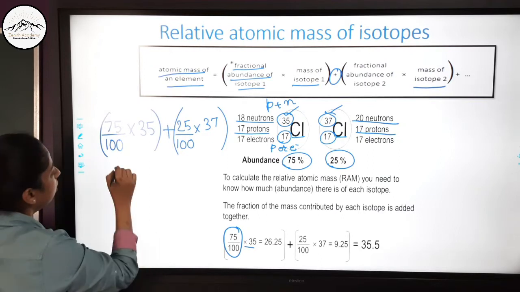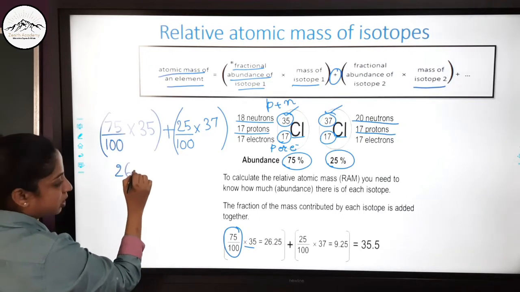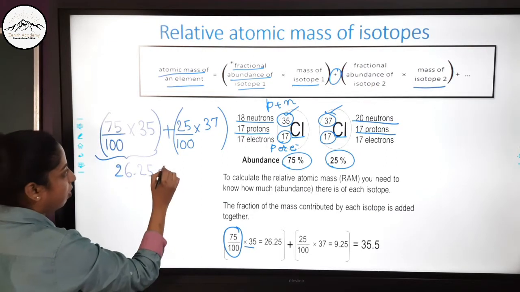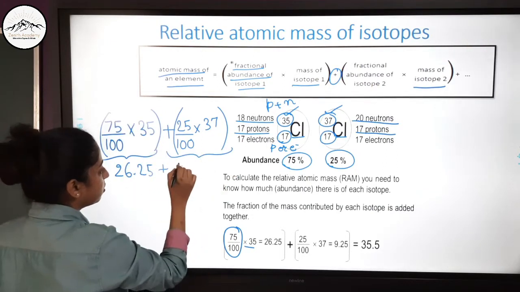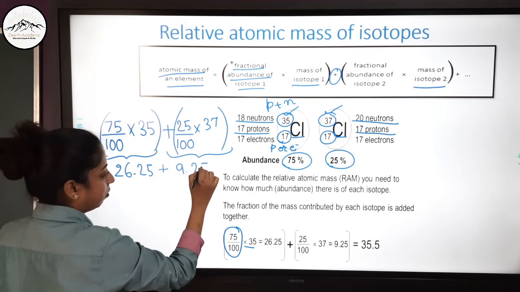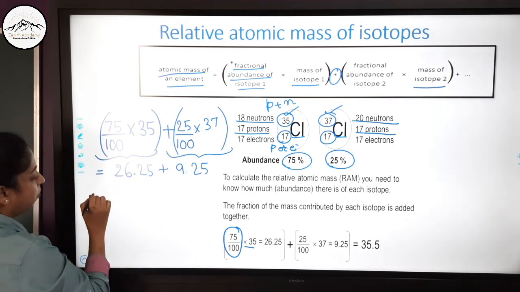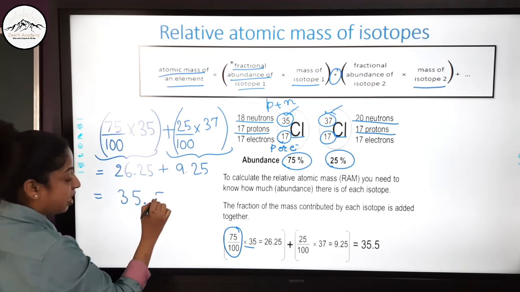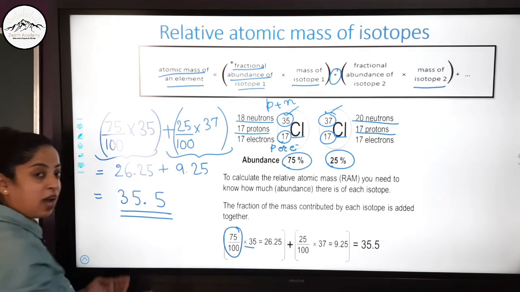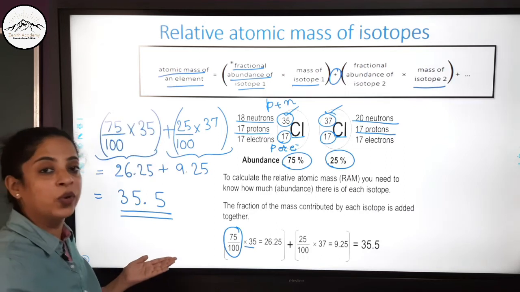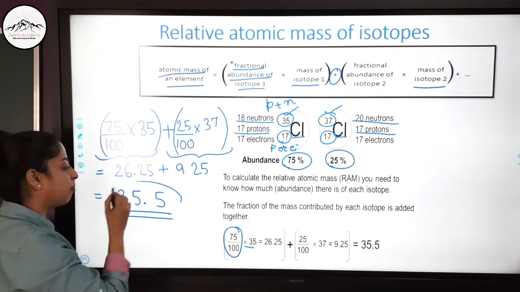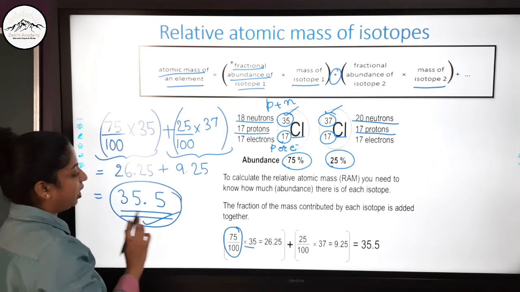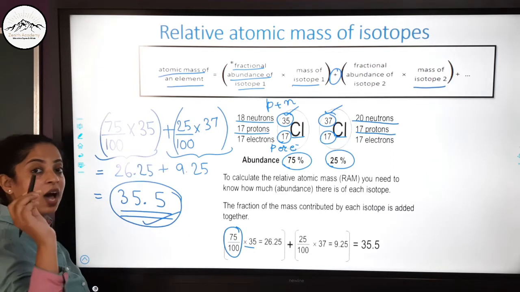The first one comes out to be 26.25, and this value comes out to be 9.25. If I add both of them, it becomes 35.5. So we say the relative atomic mass of chlorine atom is 35.5. This is how we calculate the relative atomic mass of isotopes.